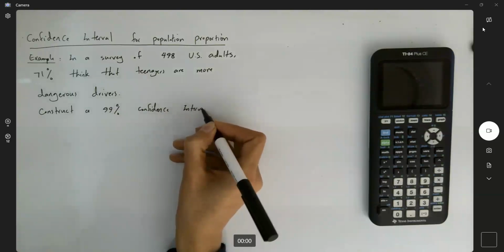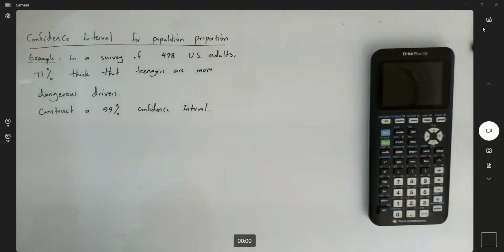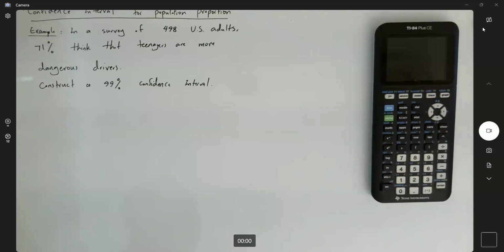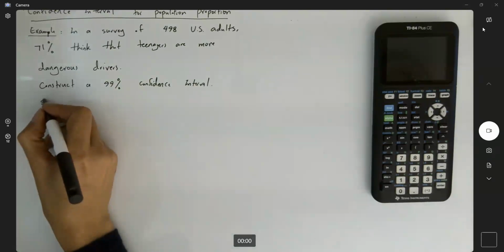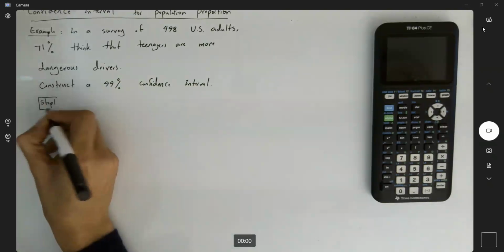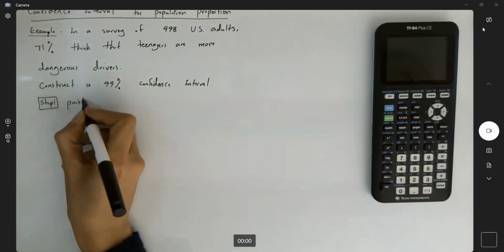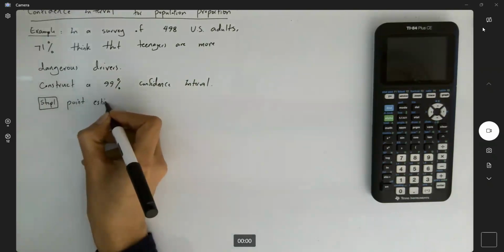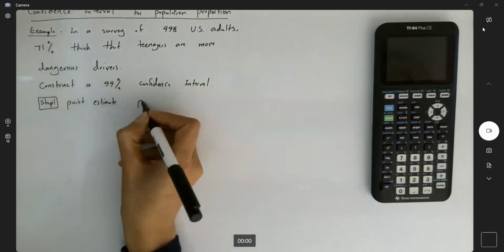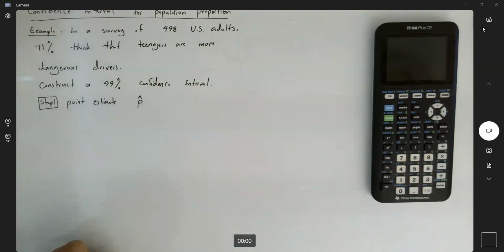When we are building a confidence interval, we need to follow some important steps. The very first step, step 1, is to identify the point estimate. What is the point estimate? What is P hat?